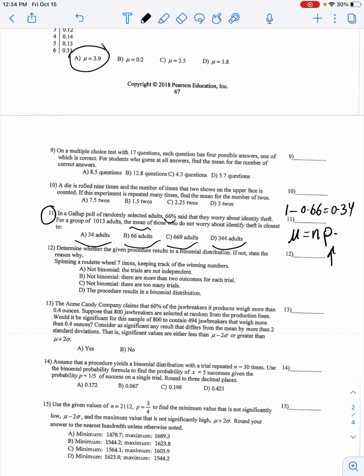So the probability of not worrying is 0.34 times 1,013. Doing the multiplication, it is 344 adults. It's closest to D. Okay.